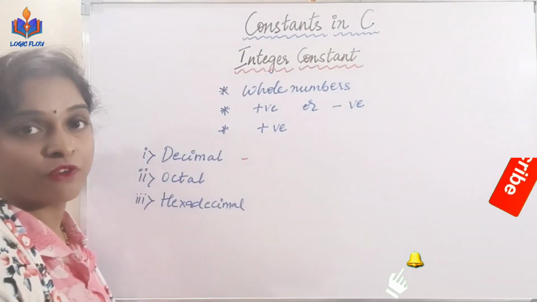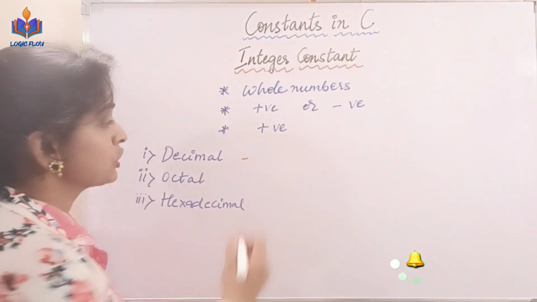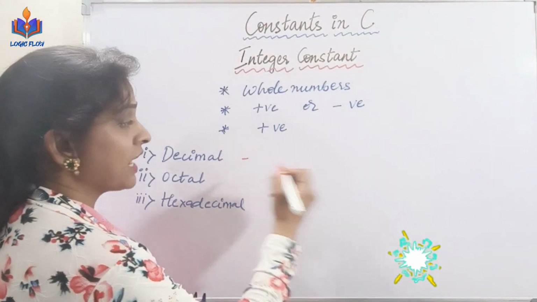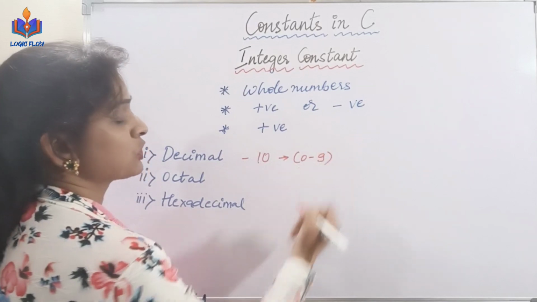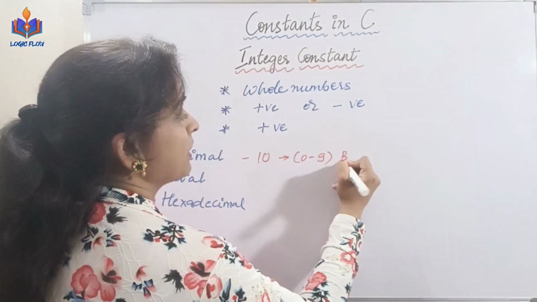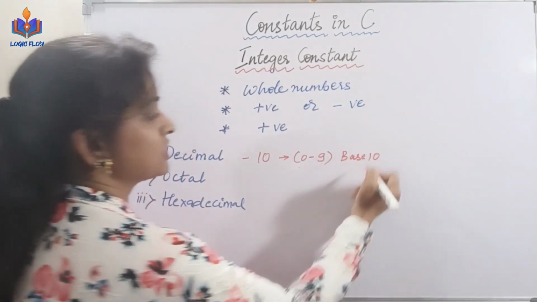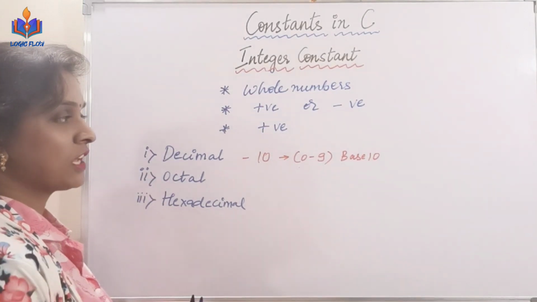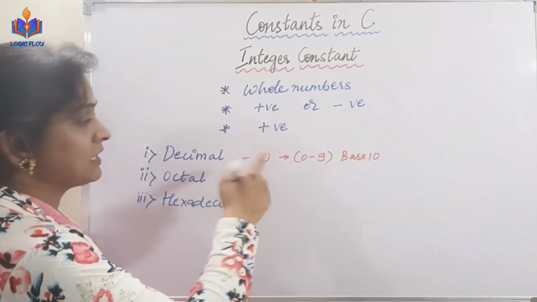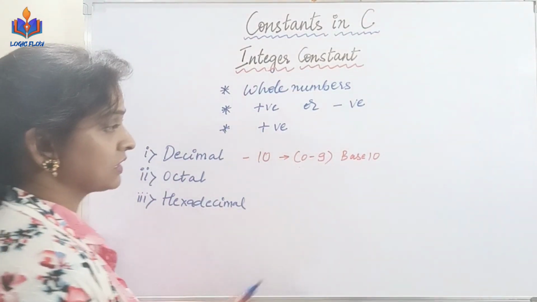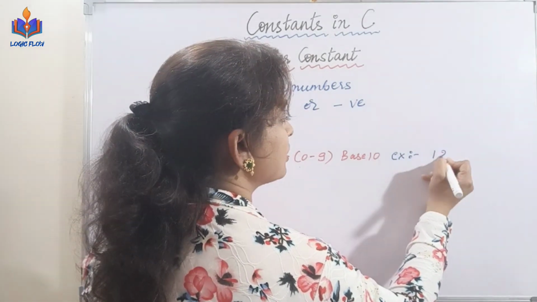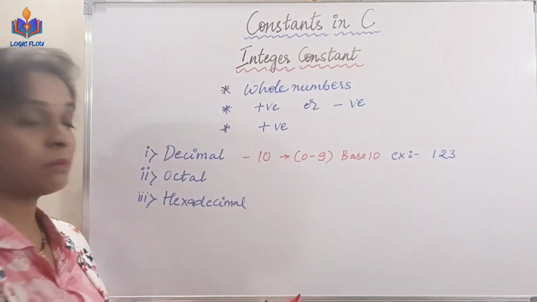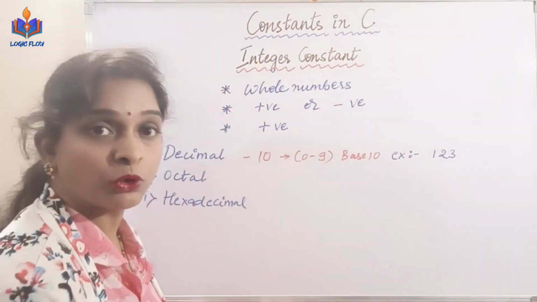Decimal, which stands for 10. It supports 10 digits, that is from 0 to 9. So I can call this the base 10 system. For example, I can have a decimal integer constant like 123, ranging from 0 to 9.